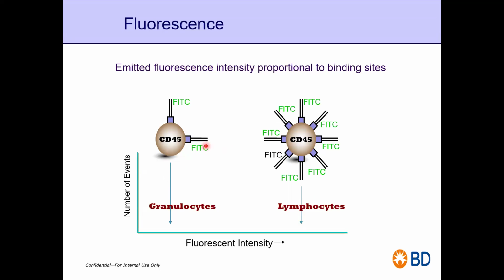CD45 is much higher in lymphocyte compared to granulocyte. So fluorescence intensity is much more in lymphocyte than in granulocyte, and you can see that in your graph as well. Fluorescence intensity will tell you the number of binding sites, not exactly the amount, but it will tell you that yes, this particular cell has more binding sites than, let's say, other cells.